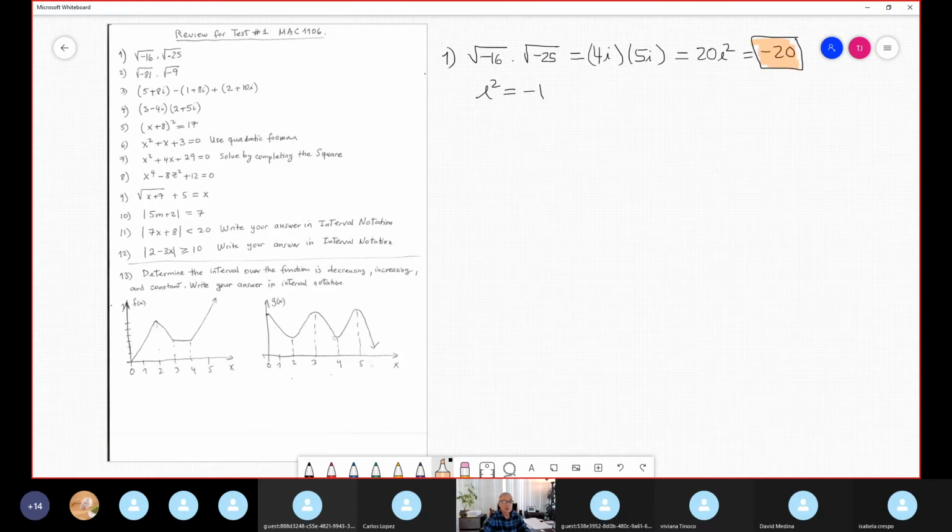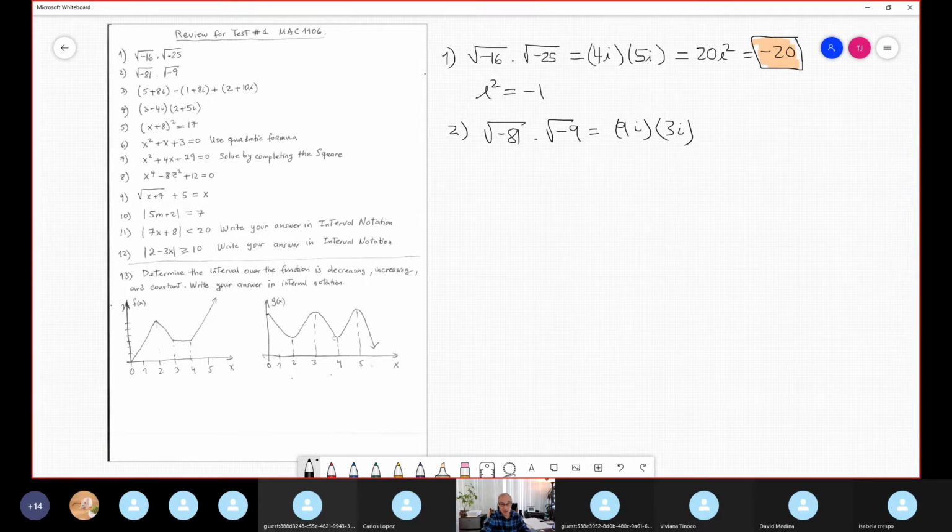Any question, guys? No. Question 2. Square root of negative 81 times square root of negative 9. Exactly the same. Square root of 81 is 9, put a 9i, times square root of 9 is 3i.